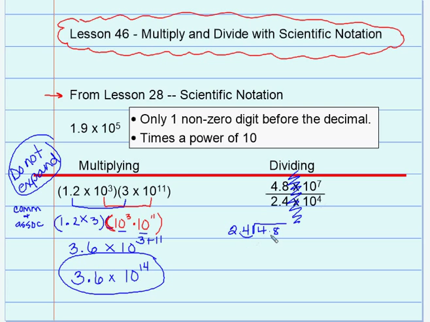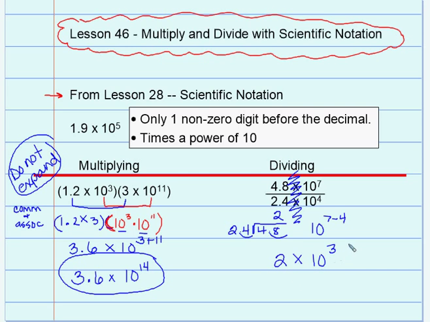If I move the decimal over and I move this decimal over, I get the number 2. And remember that when you divide like bases, you subtract the exponents, so you're going to have 7 minus 4. So the answer here is 2 times 10 to the 3rd power.